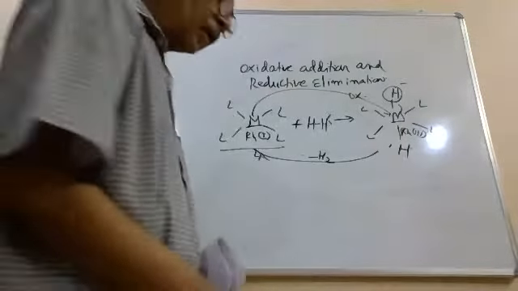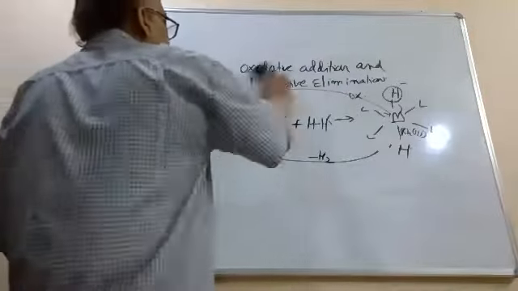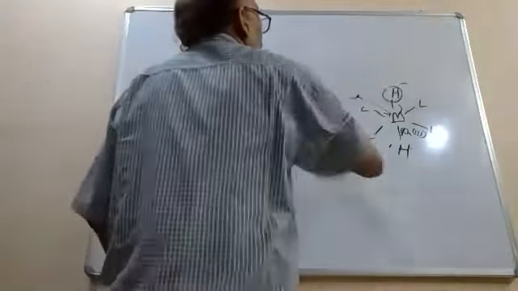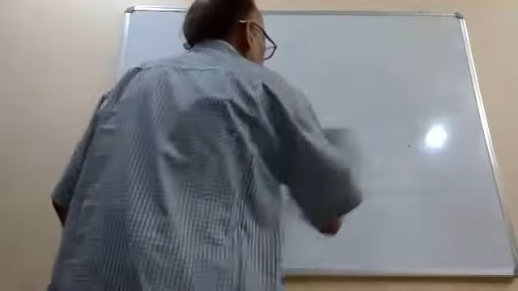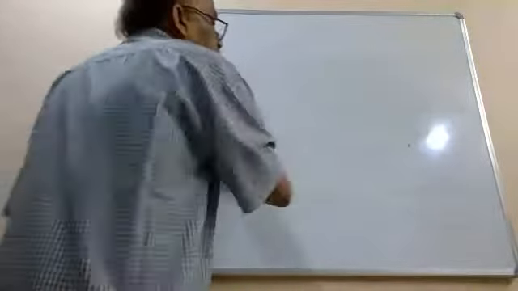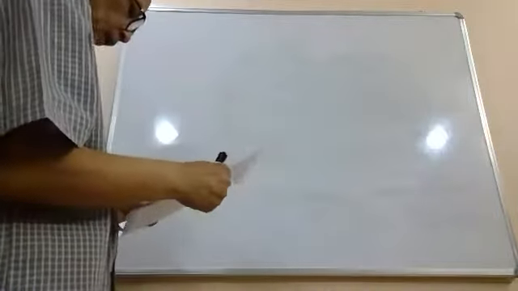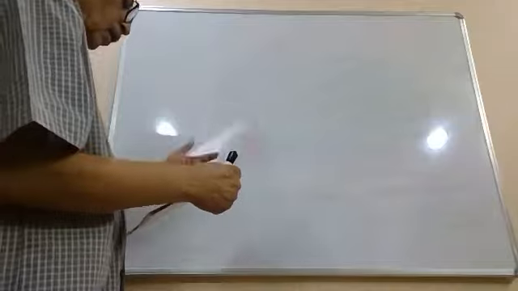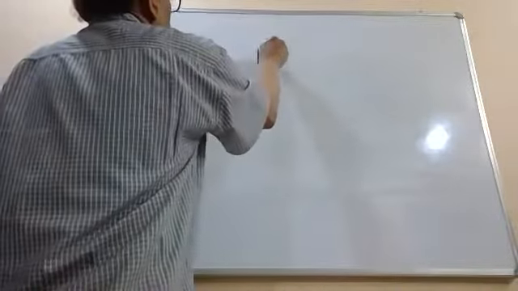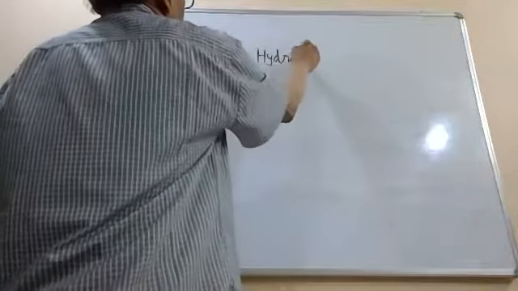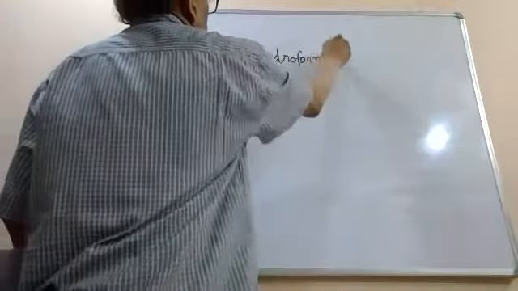All right, so we will start our journey into homogeneously catalyzed reactions that are of industrial importance. The first one I'm going to talk about is what we call hydroformylation.